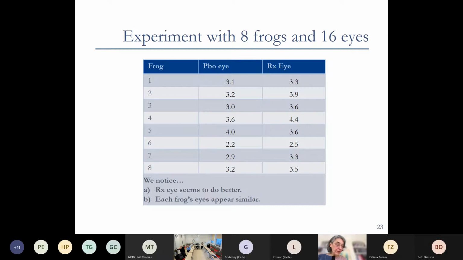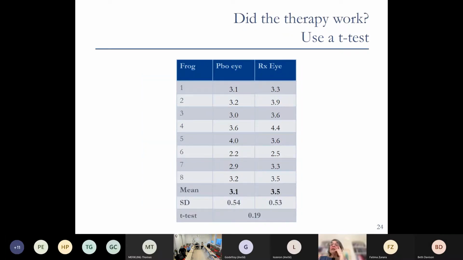All right, so we can ask the question, and this is actually what was done for the experiment that I saw in a different kind of animal. Next slide. So what you can do is say, well, I have placebo and treatment. I can take the means of the placebo, and I get 3.1, and the treated, and I get 3.5.